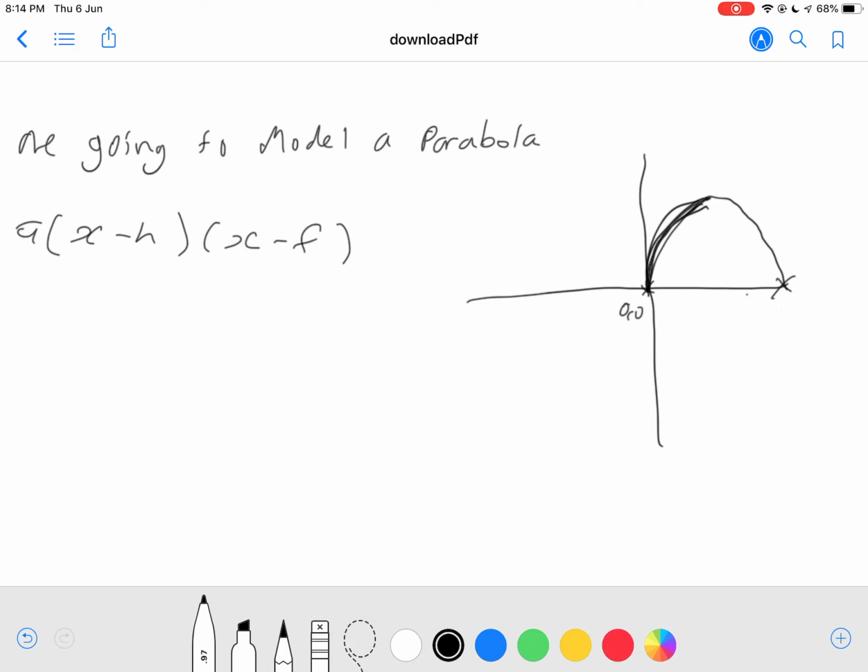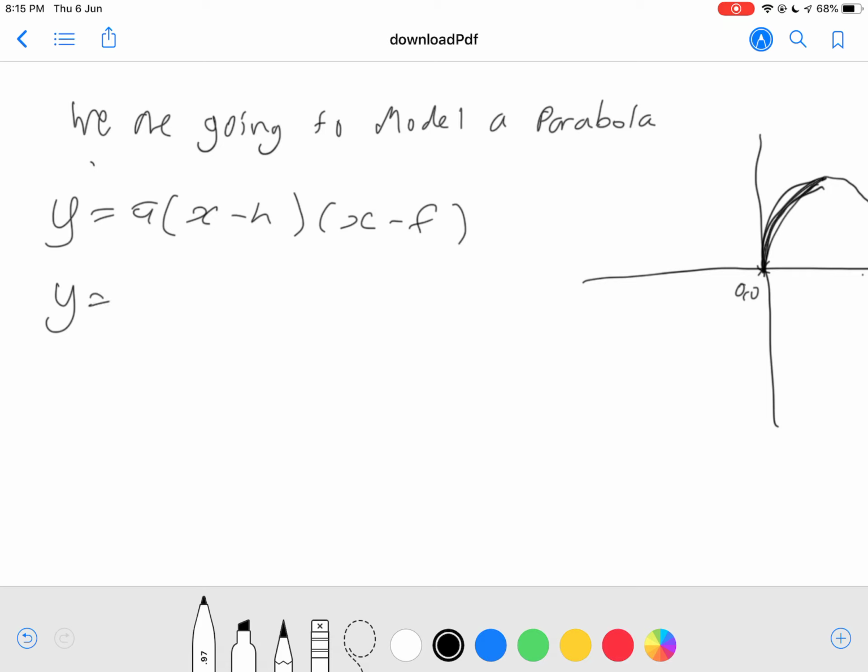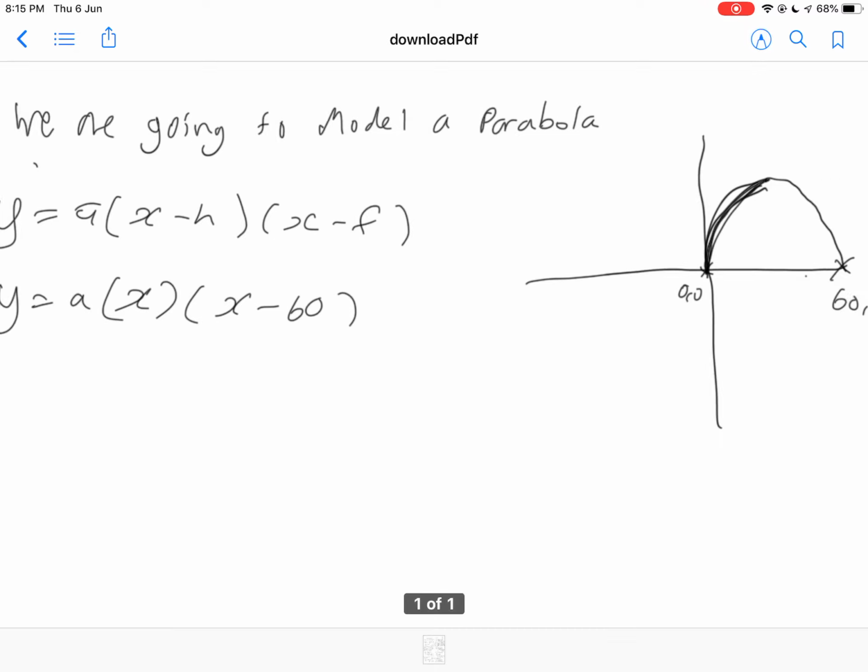So we're going to use the x-intercept equation. We're going to substitute 0 and 60. We're going to say that y equals a x, x minus 60.